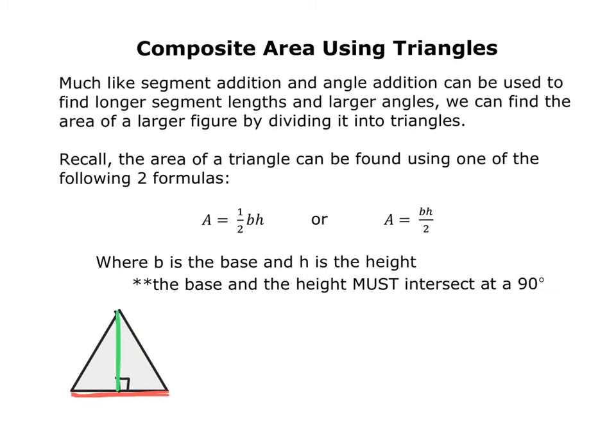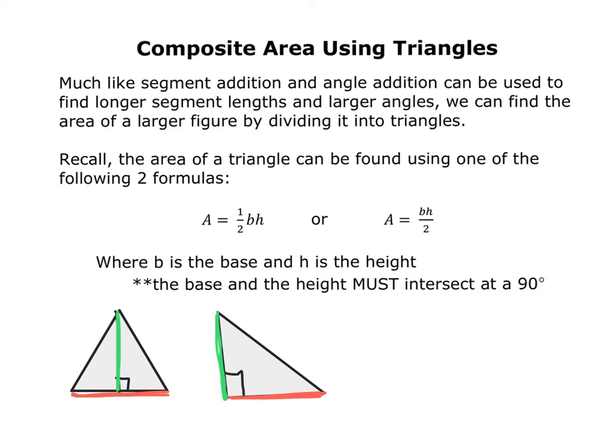With a right triangle, we have our base and our height that are part of the triangle. So our base can be either side, but say this is the base on the bottom and the height is the side that's perpendicular to it.